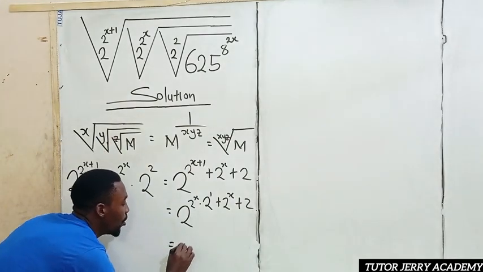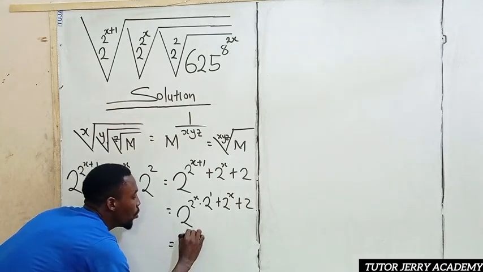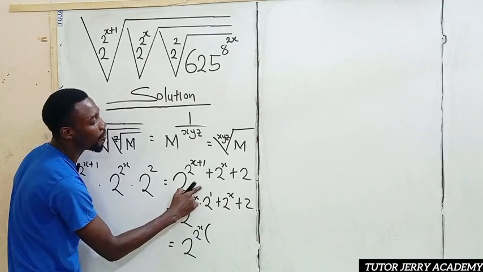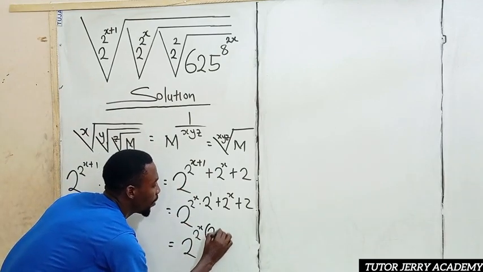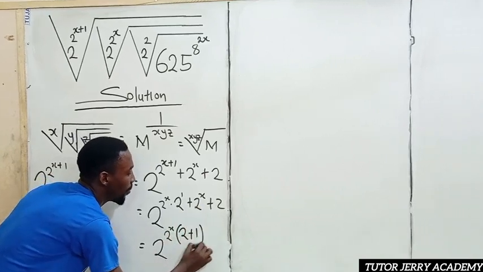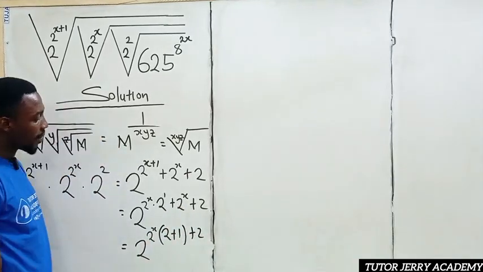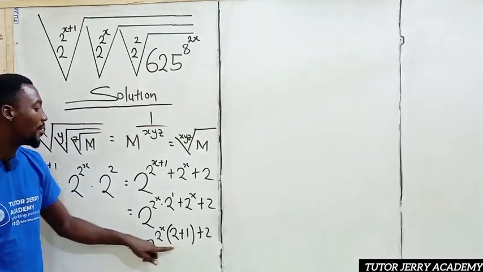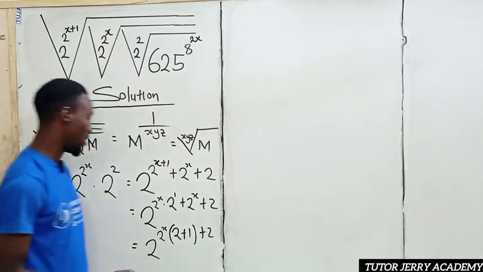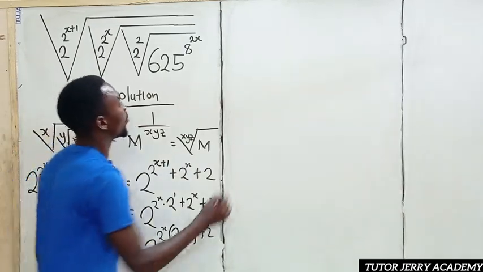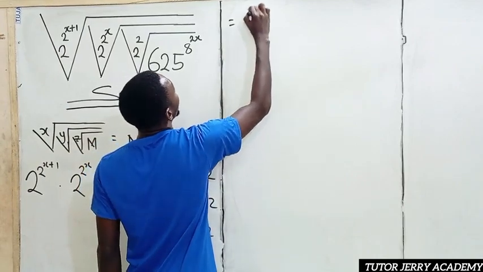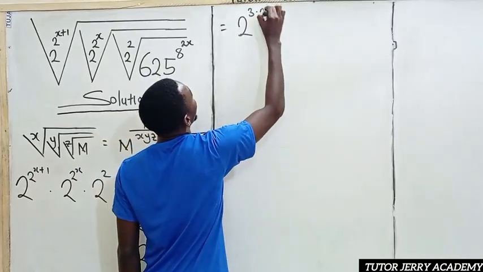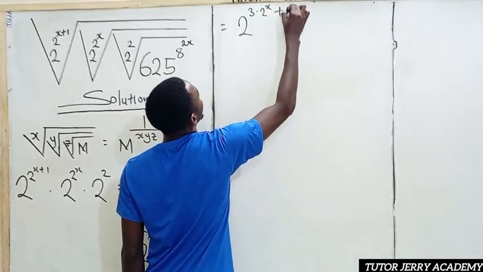So we are going to have 2 to the power of 2s into, we'll be left with 2 to the power of 1 here, which is 2, plus, we'll be left with what here? 1 plus 2. Now from here, 2 plus 1 is 3. So it means we are going to have 3 multiplied by 2 to the power of 2s, which is equal to 2 to the power of 3 multiplied by 2 to the power of 2s plus 2.